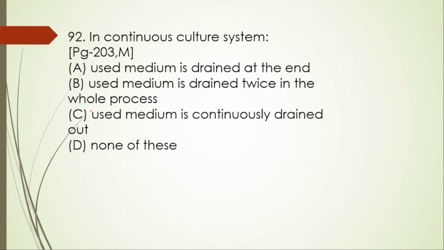In continuous culture system, A, used medium is drained at the end. B, used medium is drained twice in the whole process. C, used medium is continuously drained out. D, none of this. Here the right option is option C.